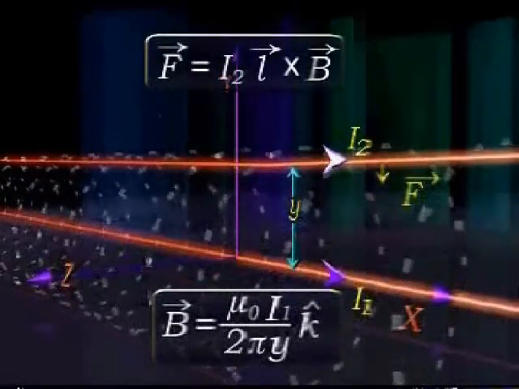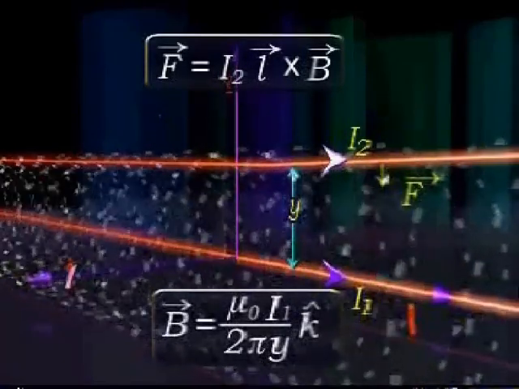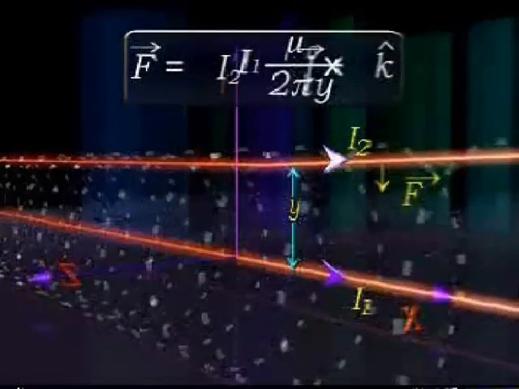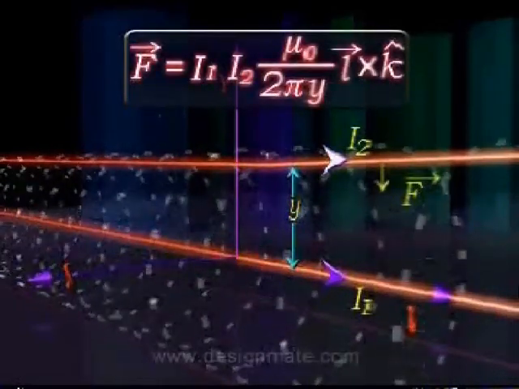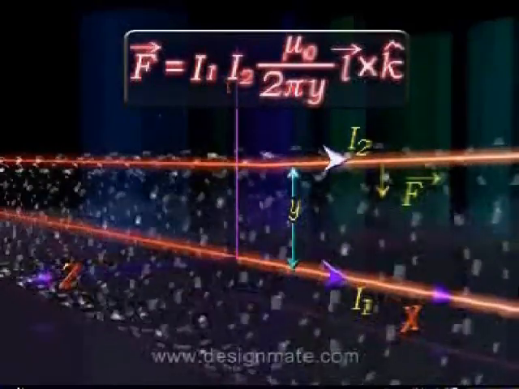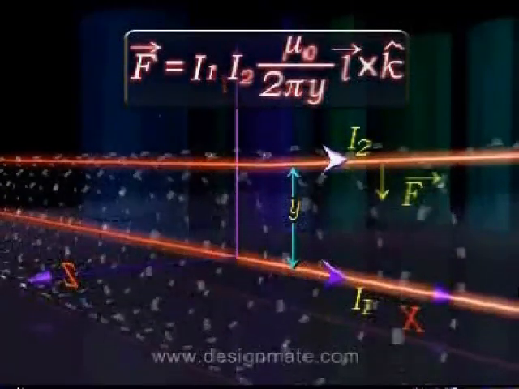vector F is equal to I2 into vector L cross vector B, is equal to I1 into I2 into mu 0 upon 2 pi y into vector L cross k cap vector.